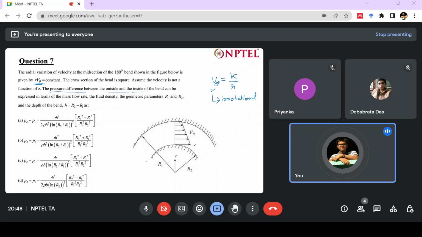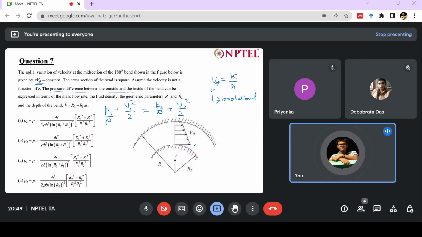So now what is the next problem that we are facing? You can use Bernoulli's theorem, that's for sure. So P1 by rho plus V1 square by 2 is equal to P2 by rho plus V2 square by 2.